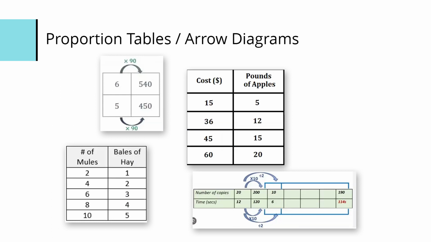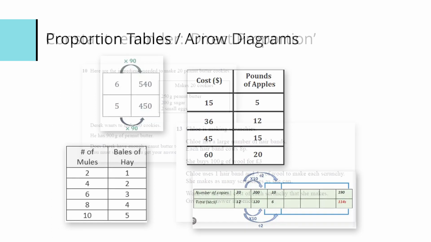There's a huge amount where this, okay, proportional tables, arrow tables, scaling up diagrams, scaling down diagrams, whatever you want to call them, it's basically organisation. It's organising in a visual way so that the students see that there is a relationship between these numbers. And spotting that there's a relationship between the numbers is half of the battle.